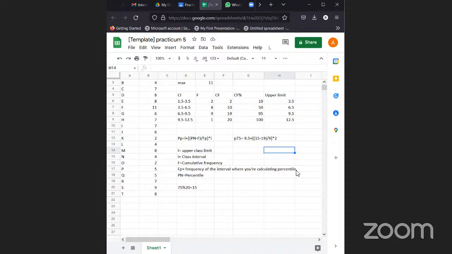So 9.5 minus 0.88. How much is that? How much are we getting?